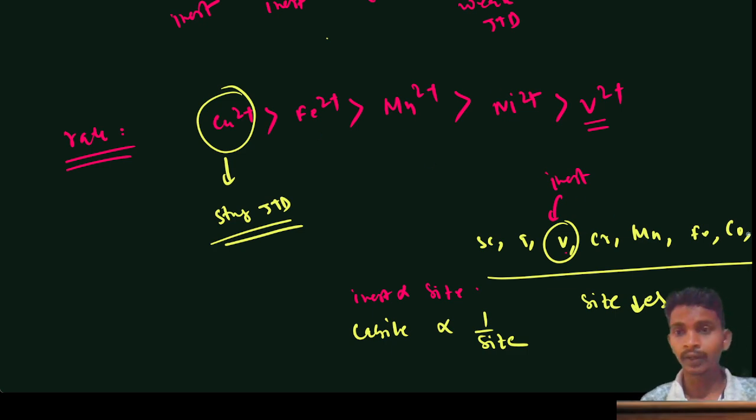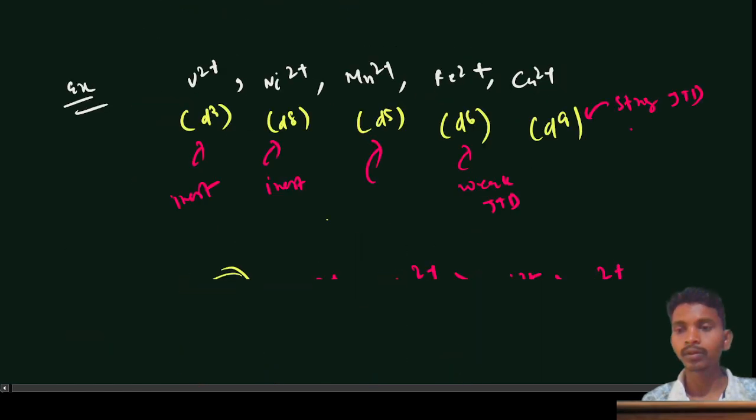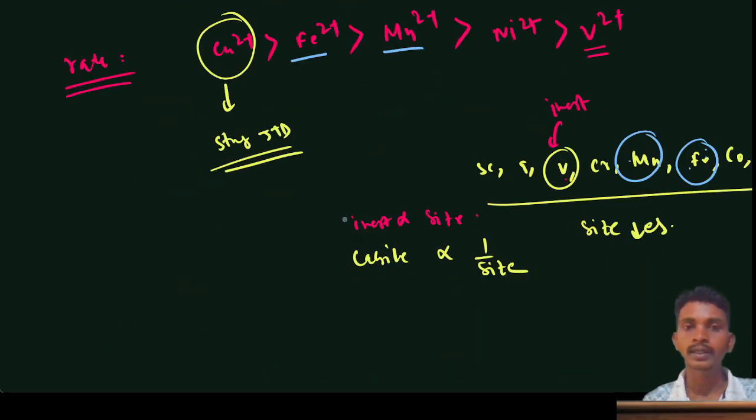And we have ferrous, which is low size, then manganese, and then nickel. For nickel, we can explain it in the case of transition metal complexes.